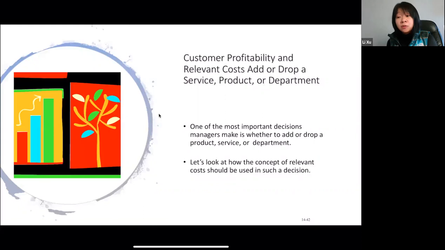We can do a pro forma, just comparing two different approaches: if you keep the current status, or if you add a job, how it's going to look. Or the second approach, just look at any differential cost or revenues, whether it's going to increase cost or increase revenue. Okay, so here I have a couple of examples to show you the different approaches.